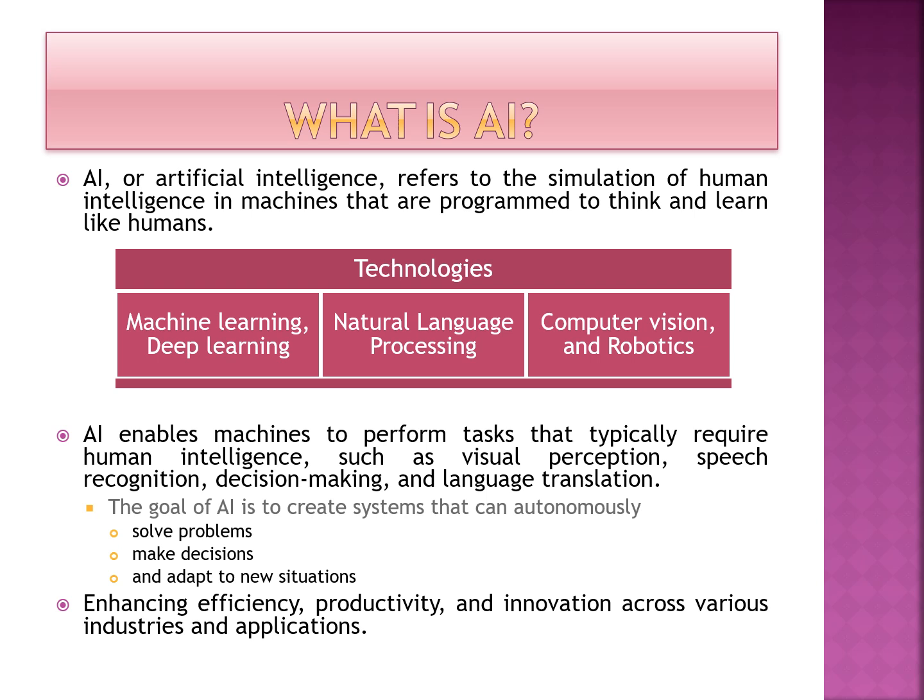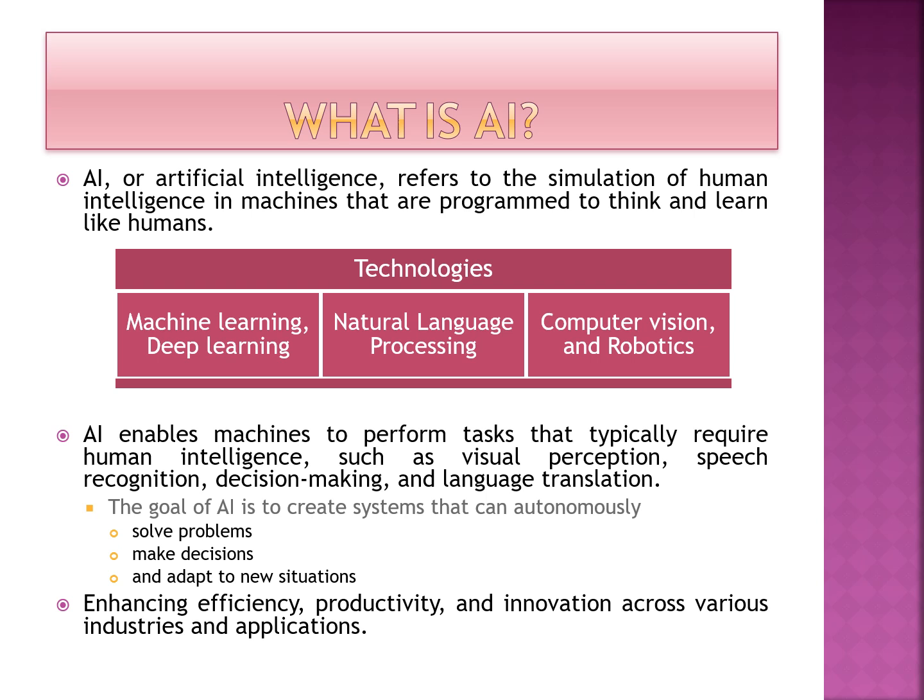And this field, AI, involves various technologies while designing and developing a computer-based system. For example, machine learning can be used, or deep learning can be used while building an AI-based system. Natural language processing is another technology which deals with textual data, dealing with languages, language translation, or converting text to speech, or speech to text, or other types of translations, or extracting useful information from the text.